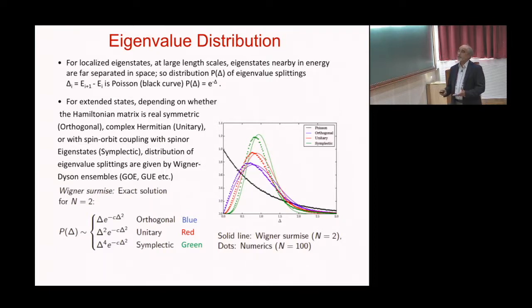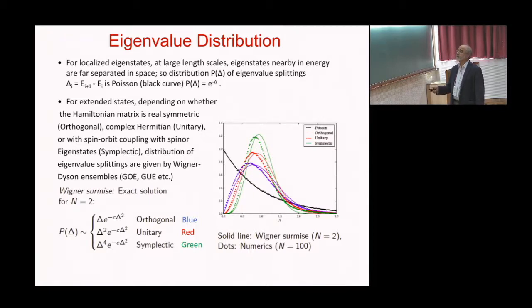But as the states get extended, depending on the symmetry of the Hamiltonian, in Anderson's case it's orthogonal, you get a curve that looks like the blue curve. The particular case we'll be interested in is the complex Hermitian case, because we're talking about electrons in a magnetic field, which have phases, and so you get the red curve.